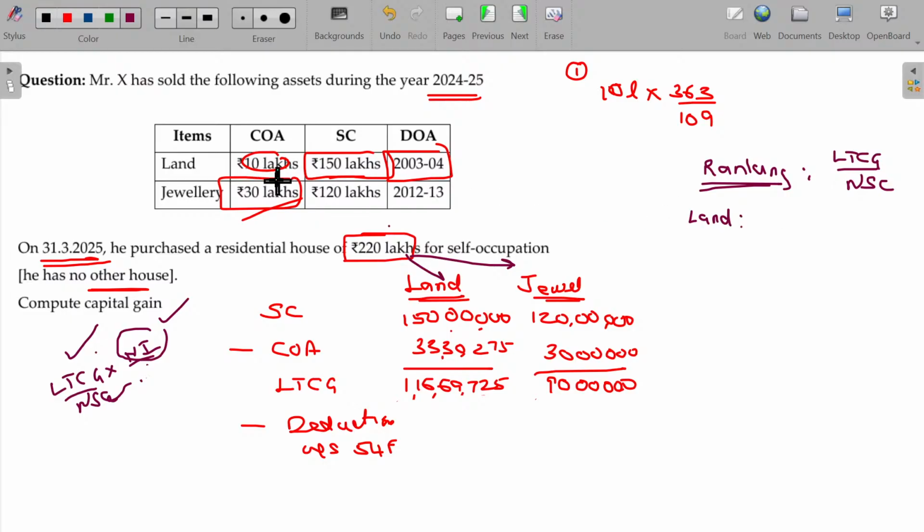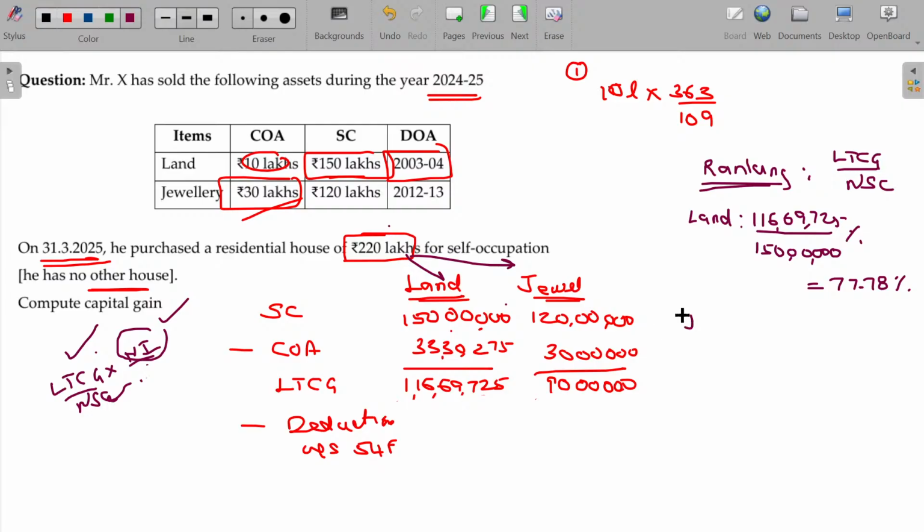In case of land, long-term capital gain 1,16,69,725 divided by net sale consideration of 150 lakhs gives the proportion 77.78 percent. It means for every 1 rupee of investment, you can claim a deduction of 77.78 paise.